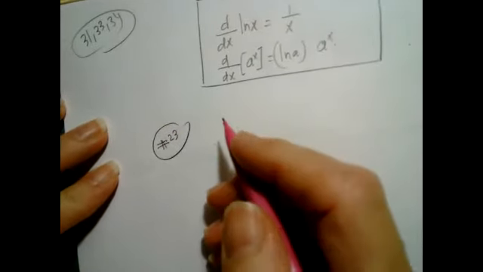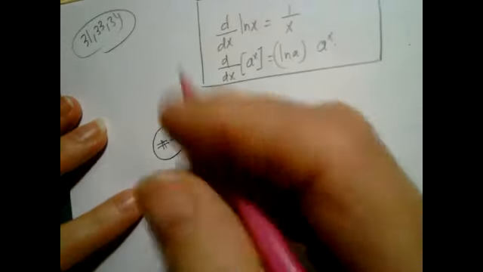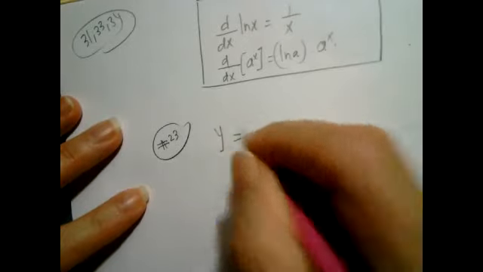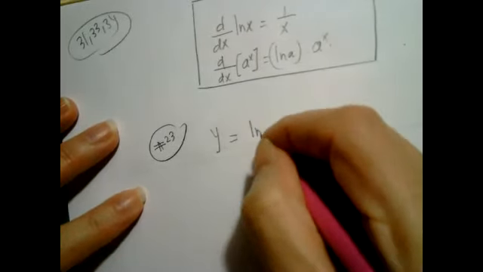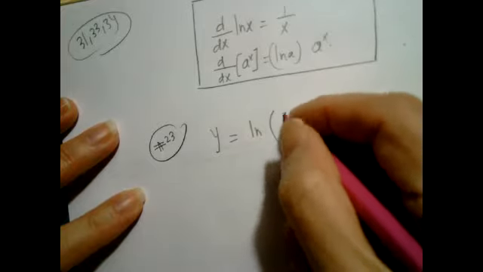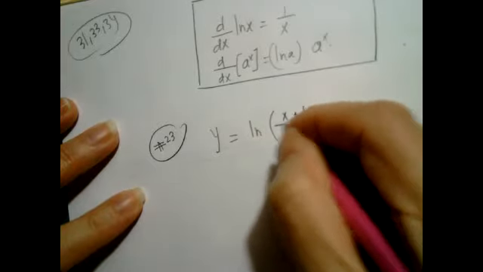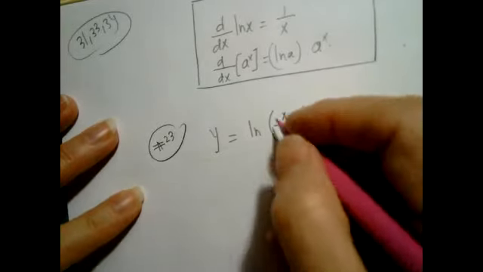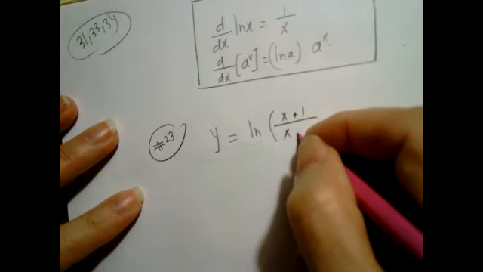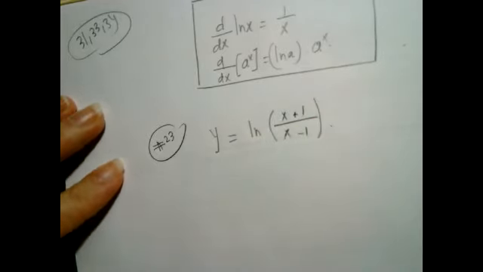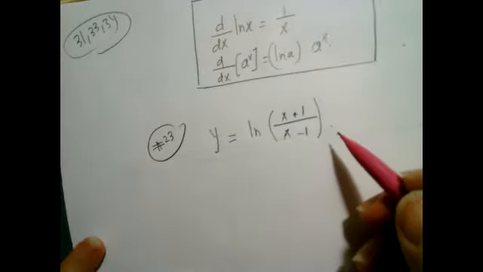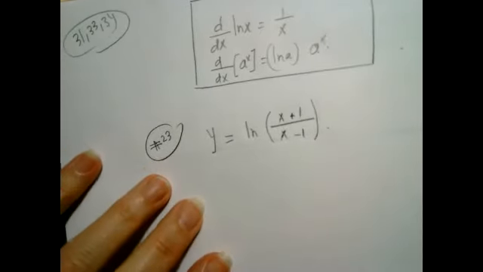So we'll do that. Number 23, we had y equal ln of (x plus 1) over (x minus 1). Okay, what do we see when we see that?